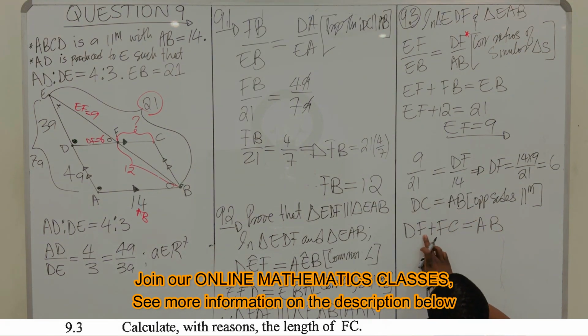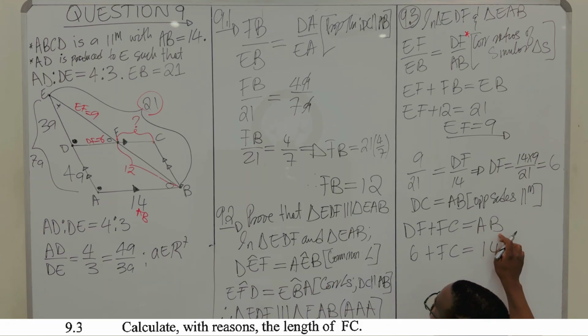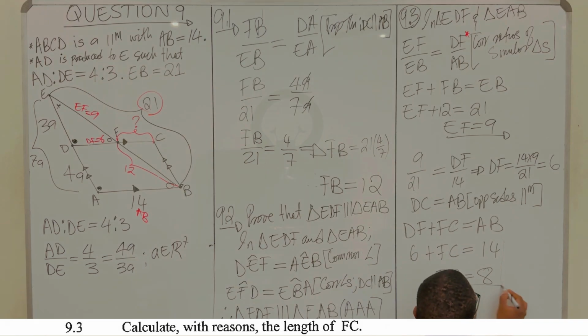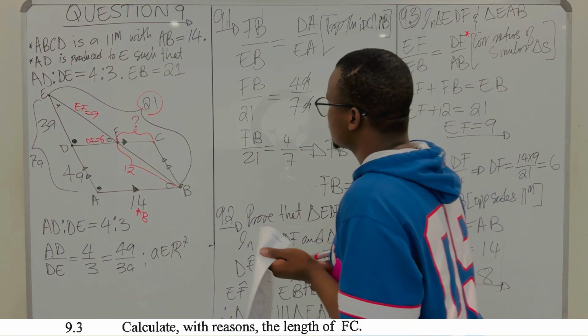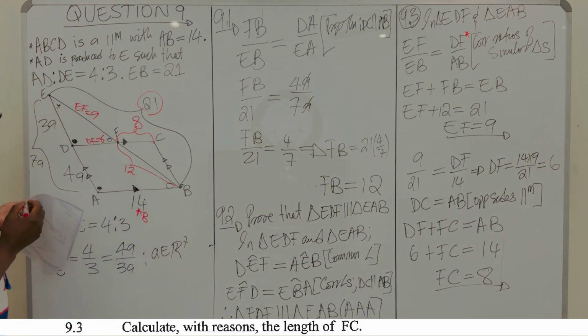DF is 6, plus FC, which is what we were asked to find, is equal to 14, because we know AB is 14. Therefore, FC is equal to 14 minus 6, which is 8 units. So our FC here is equal to 8 units.